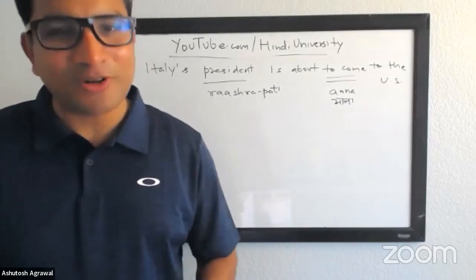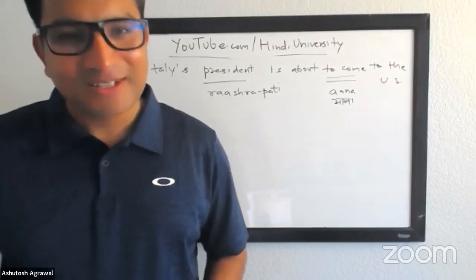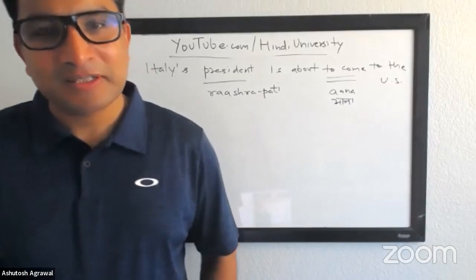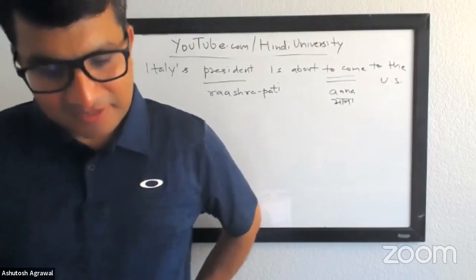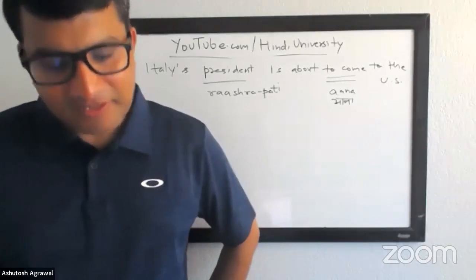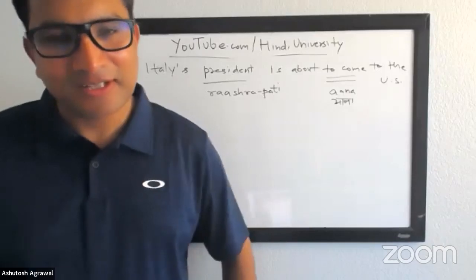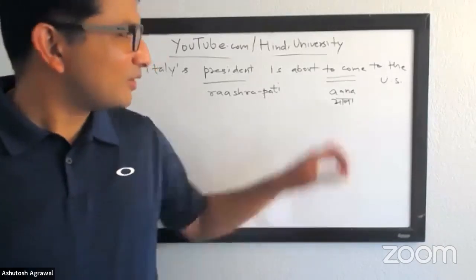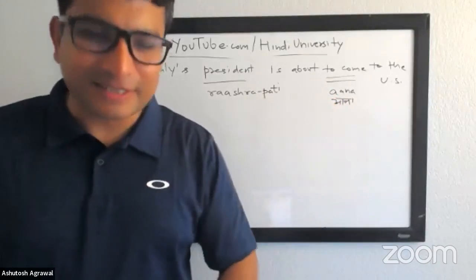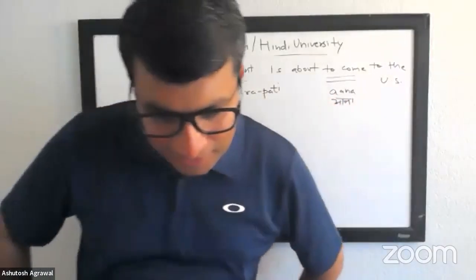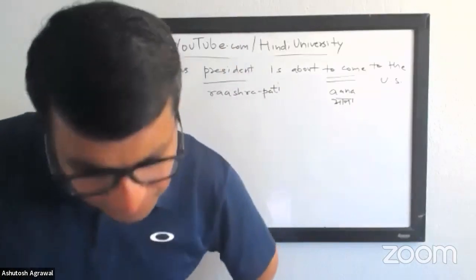Okay, change the order. Italy ki Rashtrapati US aane ko hai. Okay, US आने को है. That is correct. Awesome. Any questions, anyone?